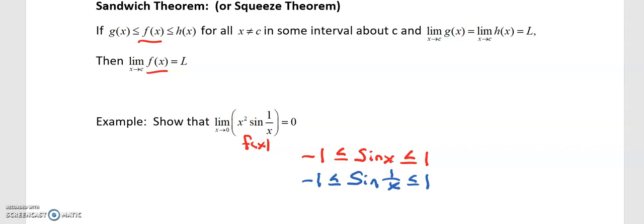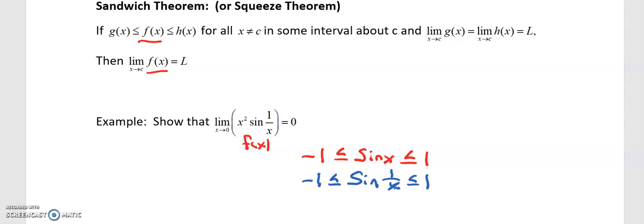Well, the sine of 1 over an angle will just be another angle, so it has to exist between -1 and 1, as long as x isn't 0, which is the issue we're trying to avoid in the first place. So that should explain that the sine of 1 over x also exists between -1 and 1, because it actually is the sine of just some other angle.